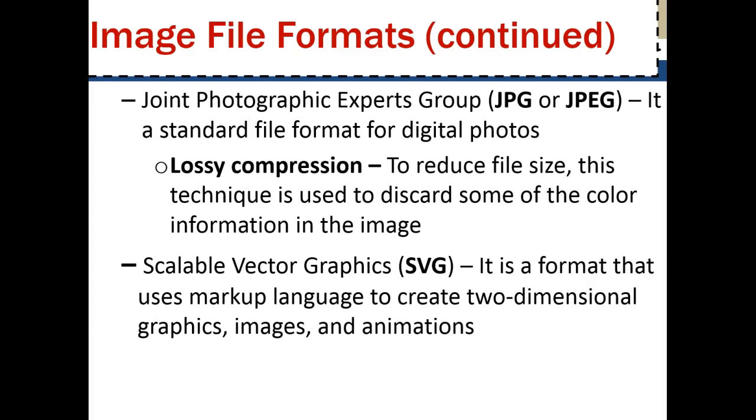And then we have another file format which is called JPEG or JPG. This is basically a standard file format for digital photos that you take with your cameras. The JPEG format is a 24-bit image, and it can support up to 16.5 million colors.